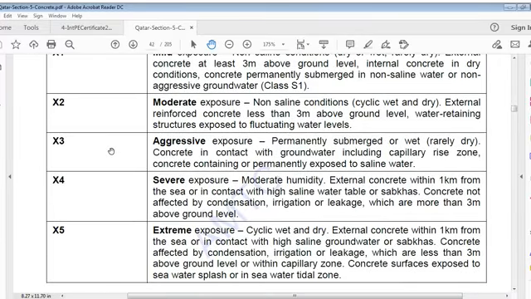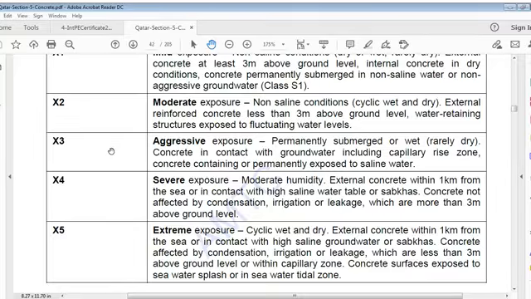X2, I already discussed while reading the table. X2 is moderate exposure, non-saline conditions, cyclic wet and dry. External reinforced concrete less than 3 meters above ground level. Water retaining structures exposed to fluctuating water level.